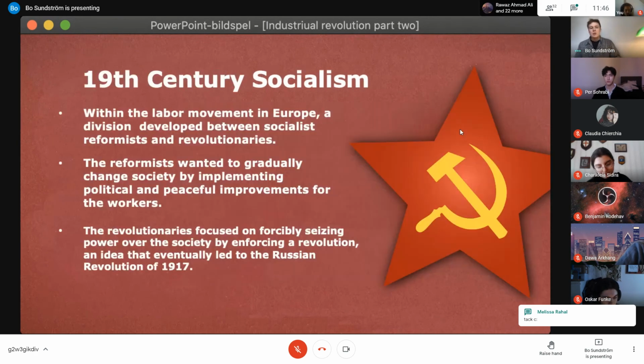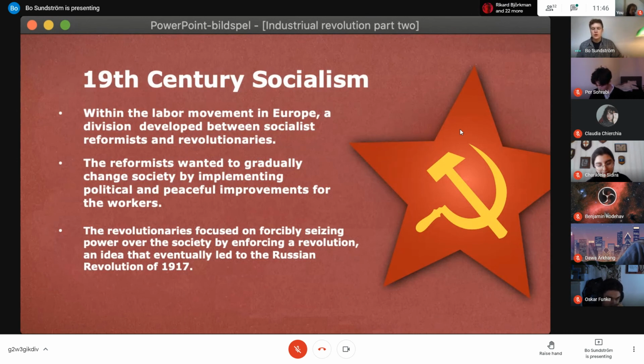So when we talk about 19th century socialism, you don't have to write all this down, but we should make this distinction between reformists and revolutionaries. Sometimes we too drastically talk about socialists during the 19th century and think about the revolutionists. The revolutionists were the ones who wanted to provoke a violent revolution in order for communism to happen.